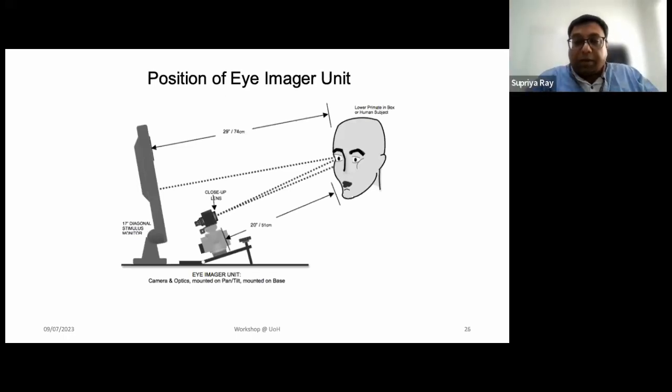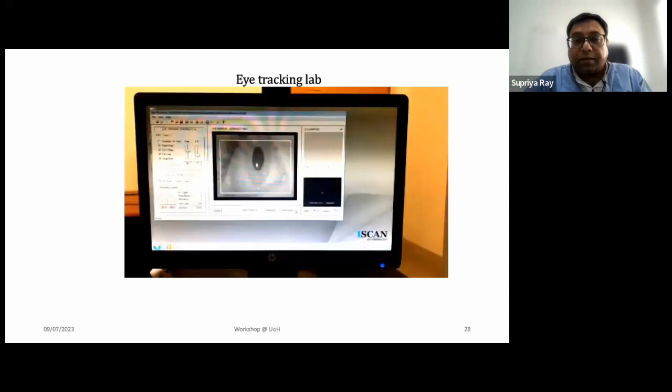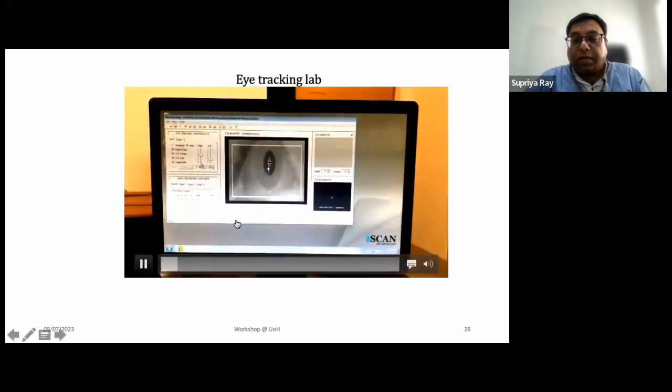These are a few diagrams that show how your eye tracker should be oriented directly towards the eyes. It shows that you must have a good eye image before you start recording. Now here, I was telling you that you can see two crosses.